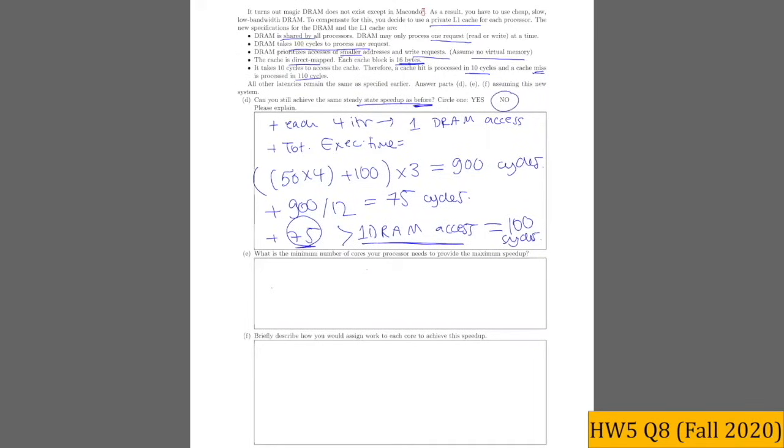The next part is: what is the minimum number of cores your processor needs to provide the maximum speedup? Here, for the maximum speedup, it's really important to pay attention to the private data cache locality, since each block is 16 bytes, and each 4 consecutive indices would hit in the cache.